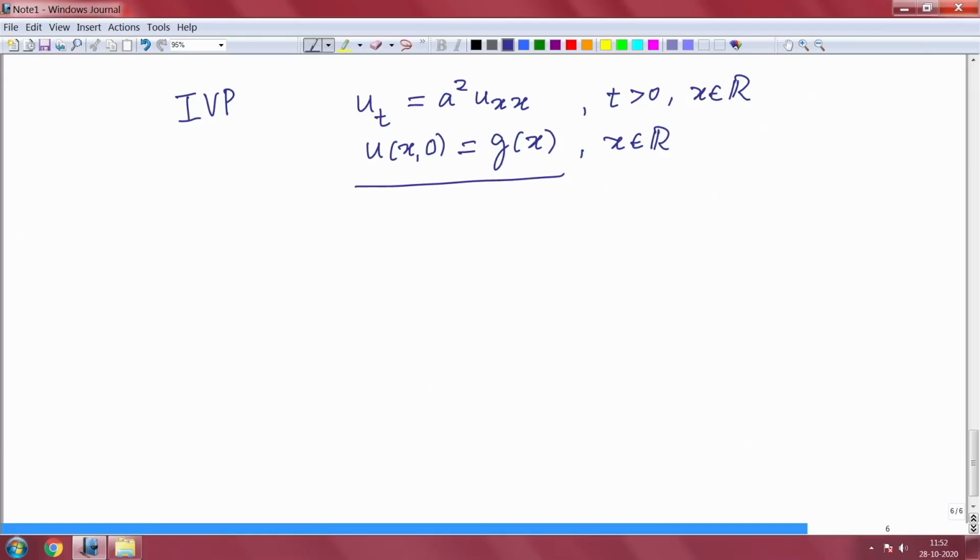Okay, so we begin with a solution in the variable separable form. So u(x,t) is a function of x times a function of t.